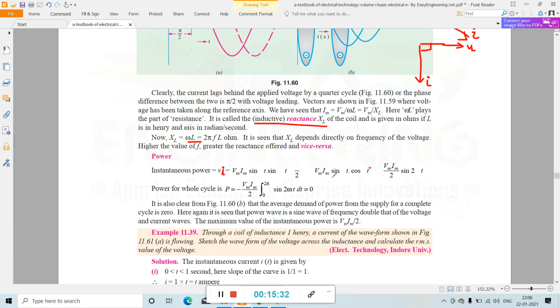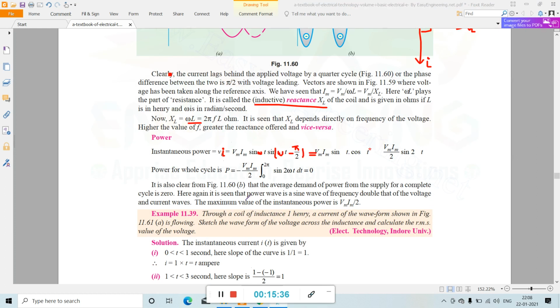So that is Vm Im sin t into cos t. The instantaneous power is V into I, that is Vm into Im sin ωt into sin(ωt − π/2). Let us take ωt as t. So this is represented as Vm Im sin t into cos t.